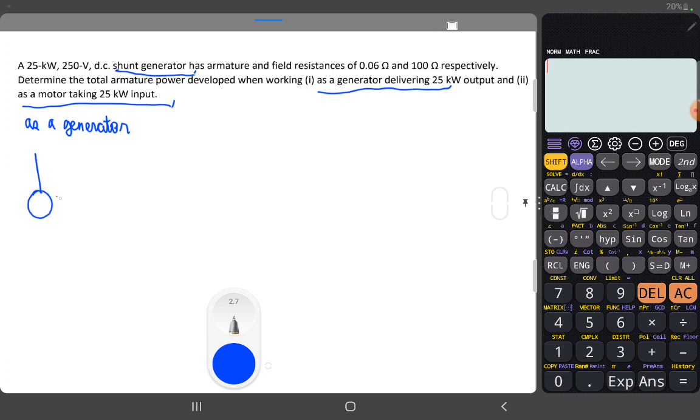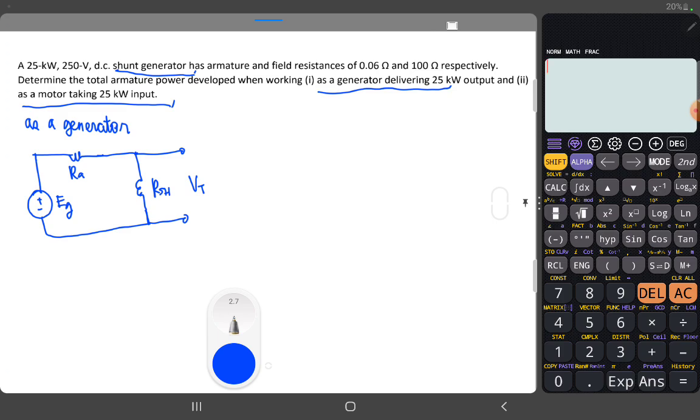Of course, you have our EG, positive, negative, and then you have our RA, and then we have our RSH, and then we have our VT, for our terminal voltage.